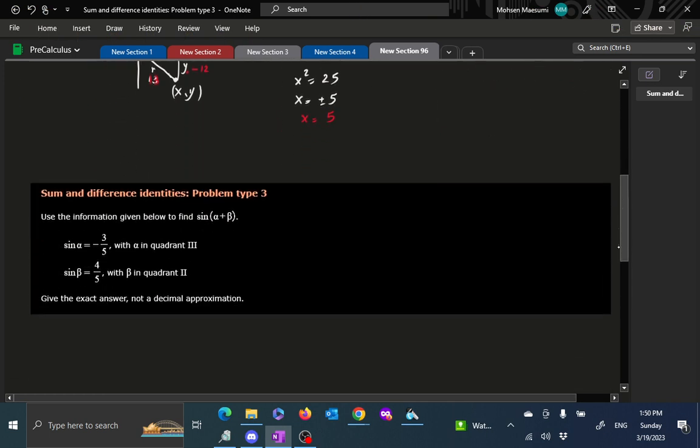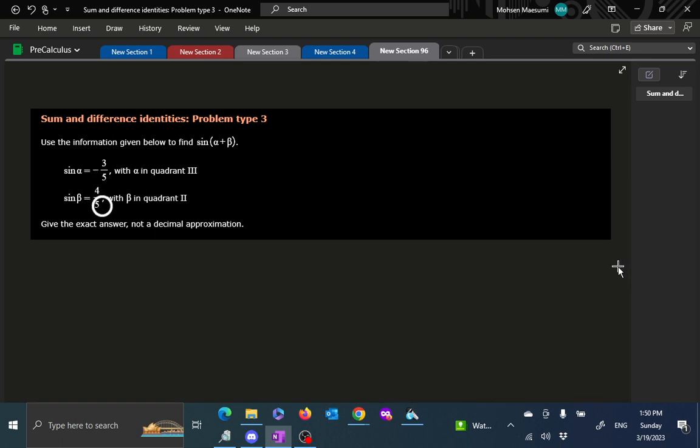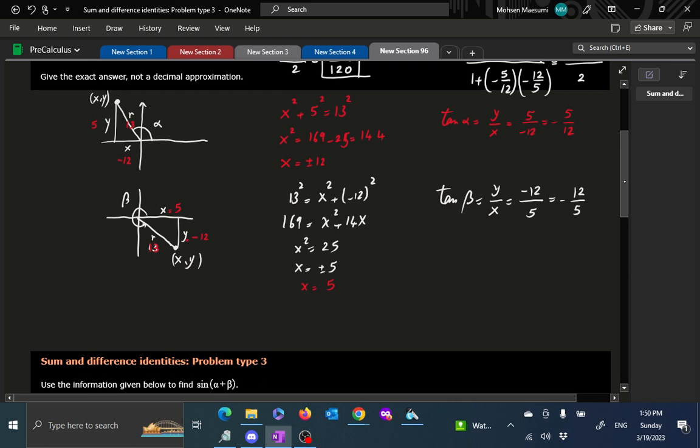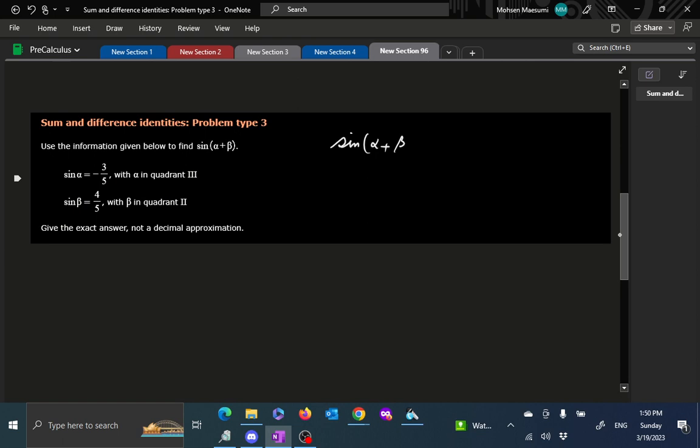Other problems are similar to this. We have here another example. We are asked for sine of alpha plus beta, and we are given sine of alpha, sine of beta, and quadrants information. So let's write sine of alpha plus beta.